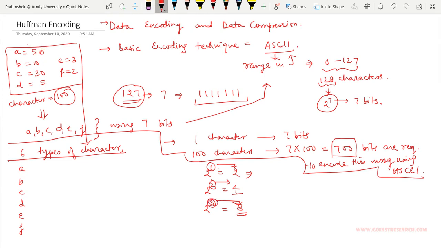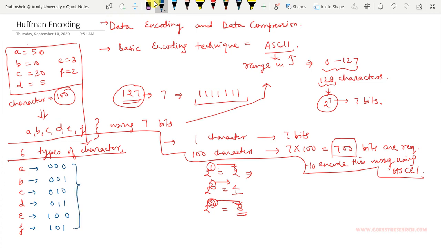I hope you understand this one. This is a very easy and very important point. So I will represent the characters in the message using 3 bits: 000, 001, 010, 011, 100, 101.